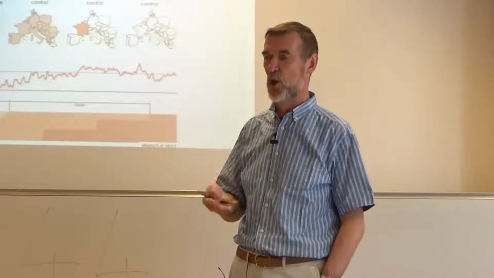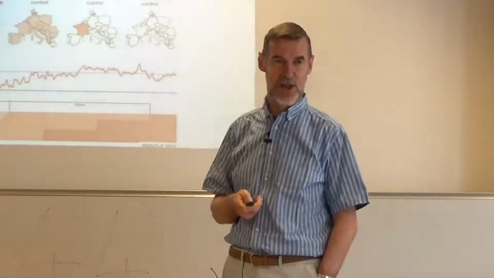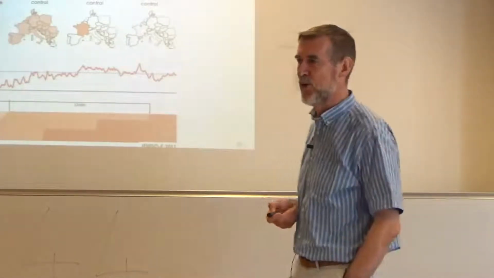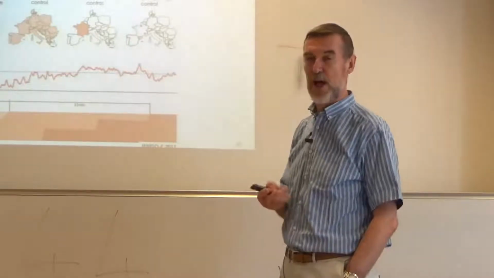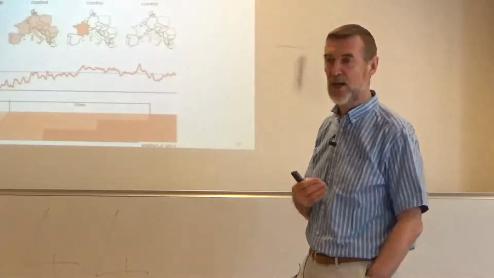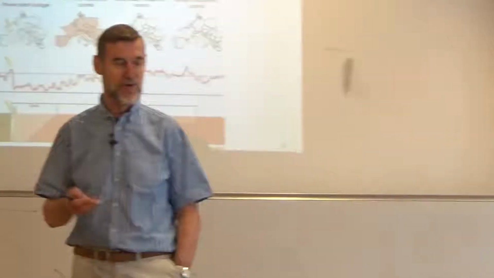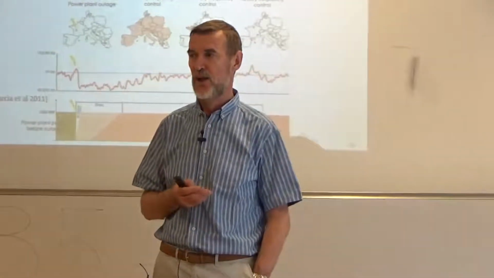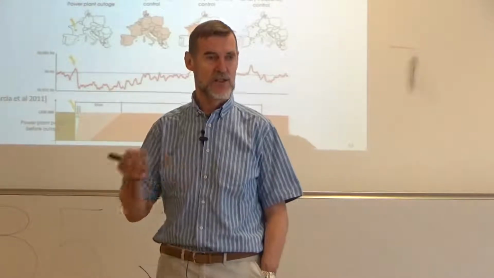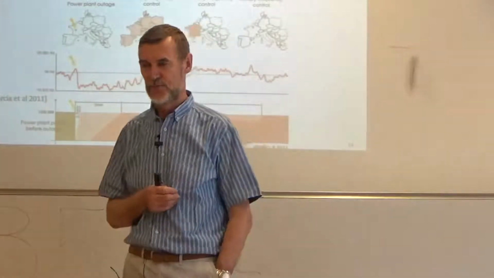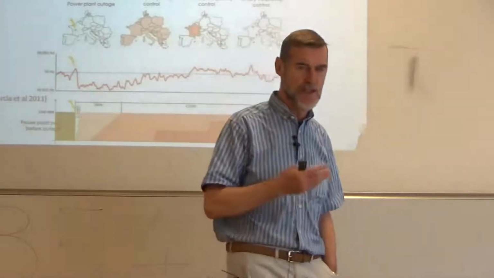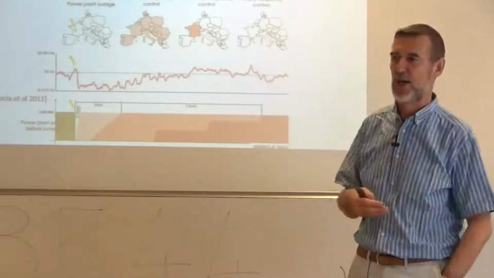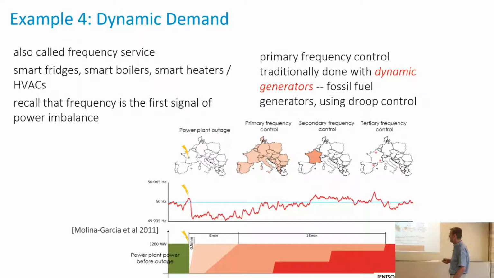So this is done automatically in real time and is called primary frequency control, by having generators that provide primary frequency support keep some spare capacity. There is a market for this frequency support, and they sense the frequency and then they react to this imbalance. That's the first thing.